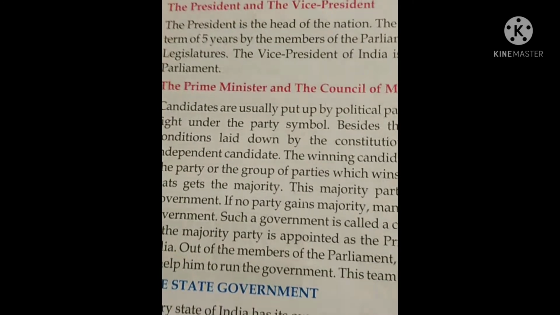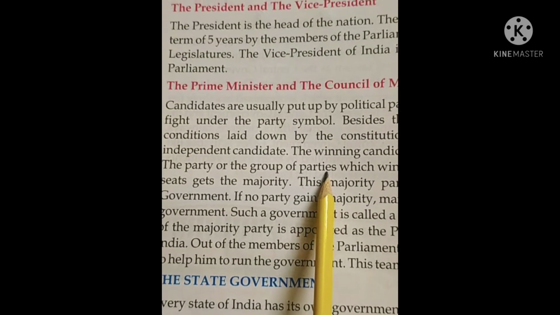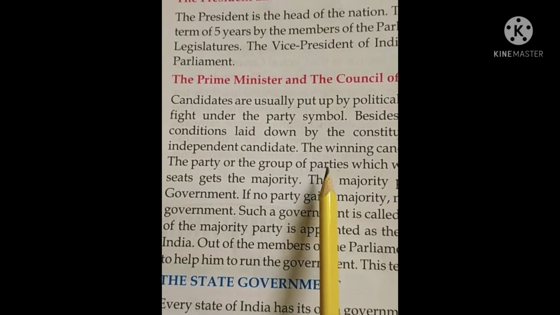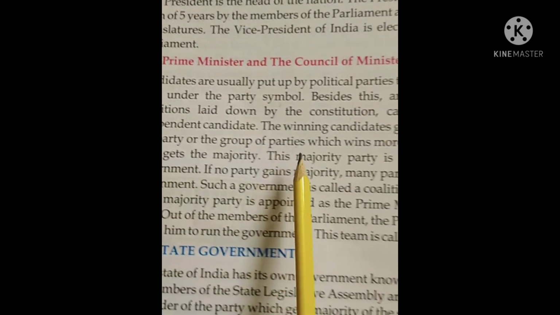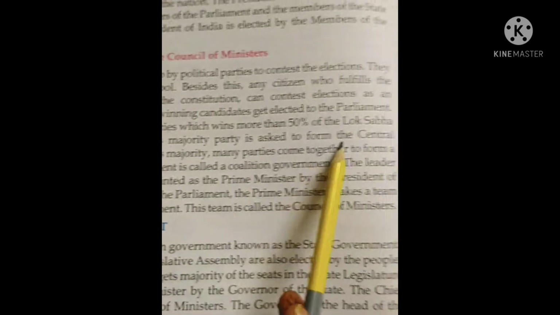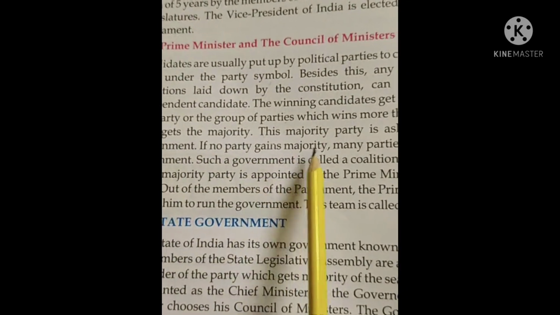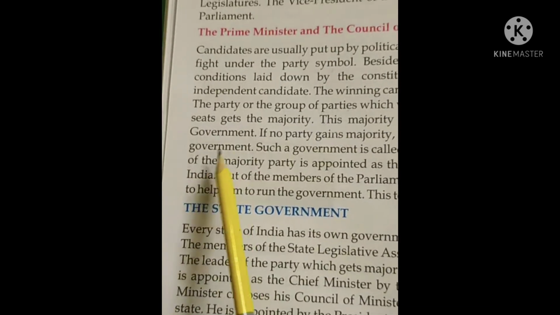So it can be a single party or it can be a group of parties. कुछ लोग different parties join हो करके अपने members को जोड़ करके भी majority बना सकते हैं. So the majority party is asked to form the central government. If no party gains majority, many parties come together to form a government.